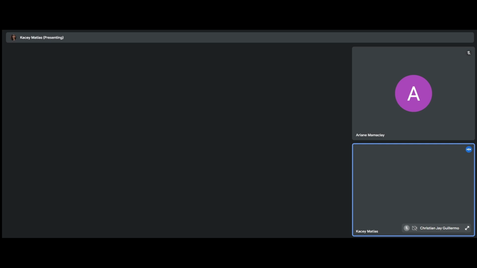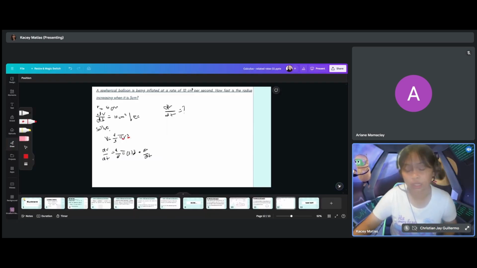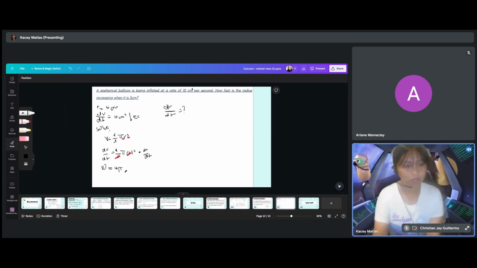Si cube natin, ibababa lang natin siya sa tabi sa gitna ng pi at ng radius. Then, babawasan natin si cube ng 1, so magiging squared na lang siya. I-cancel natin si 3, since same lang naman sila. Then, si dV, yung given natin na 10. So, 4 pi na lang tira dito, then yung radius na given natin, which is yung 5 squared times dr over dt.